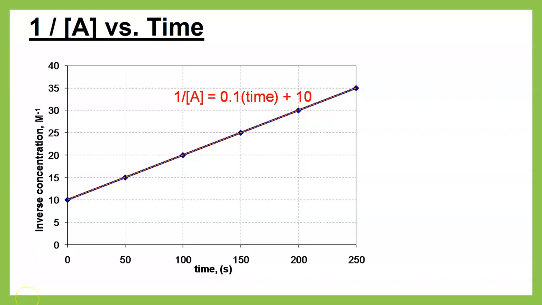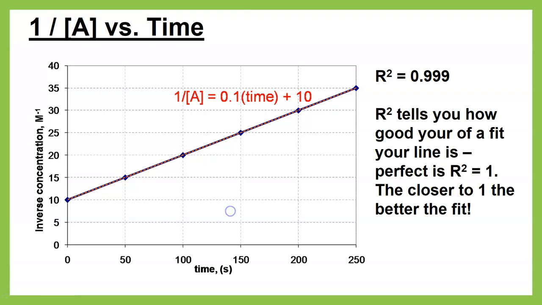Now, looking at it and saying, oh yeah, that looks pretty straight, is not very accurate, right? We should get some kind of a number, some kind of mathematical indicator that this is actually a straight line. So Excel or your graphing calculator can tell you what's called the R-squared value. R-squared is a statistical thing that helps you figure out how good of a fit you have.